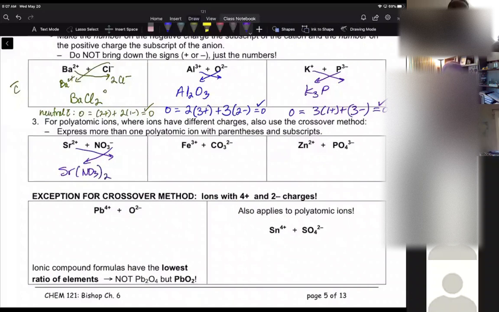Those nitrates act as a unit. So put it in parentheses because there's 2 of them. All right, is it neutral? We want to check. Strontium brings in a 2 plus. We've got 2 nitrates, and it's 1 minus each, and that is 0, so we know it's neutral.